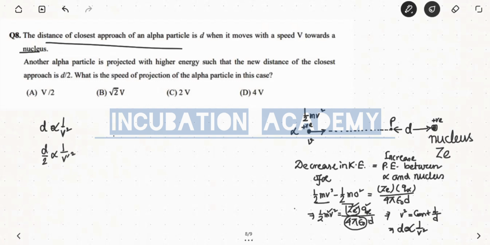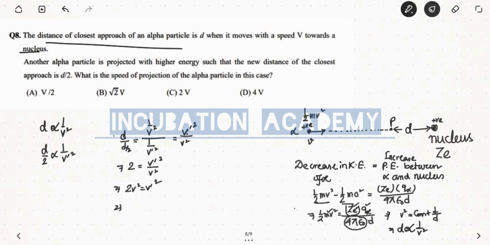So if I just take the ratio of these two equations, d divided by d by 2 equals 1 divided by v square over 1 divided by v prime square. I think you understood that. So from here it will be v prime square divided by v square, and d by 2 cancels out, it will become 2. So 2v square equals v prime square.